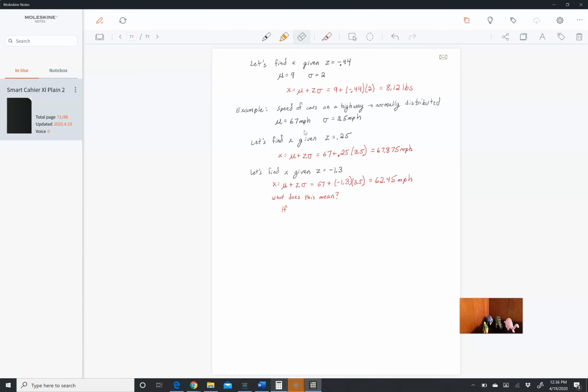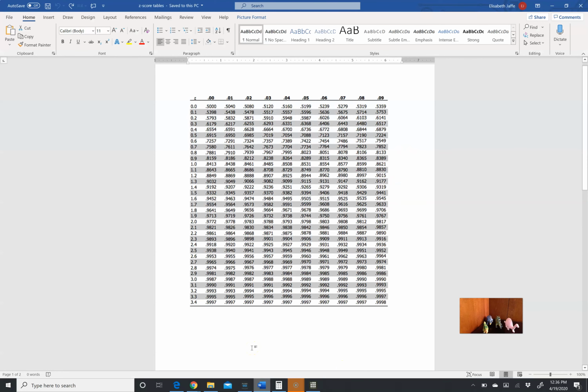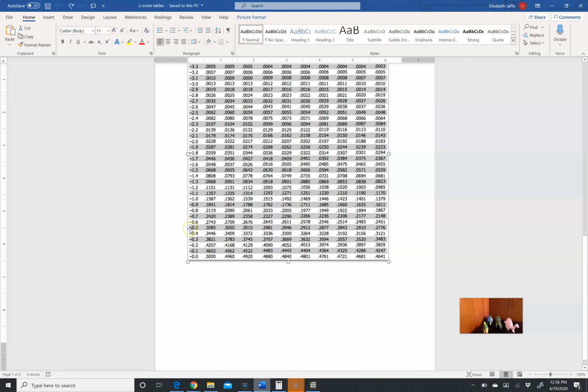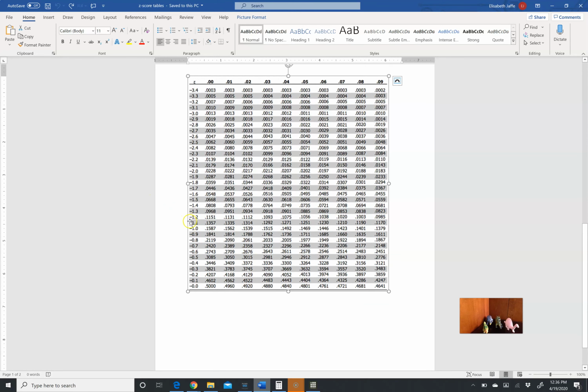If we go to the z-score table and find the area for negative 1.3, negative 1.30, we get 0.0968.